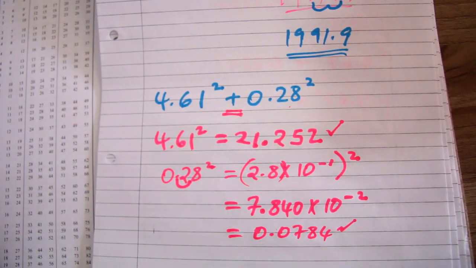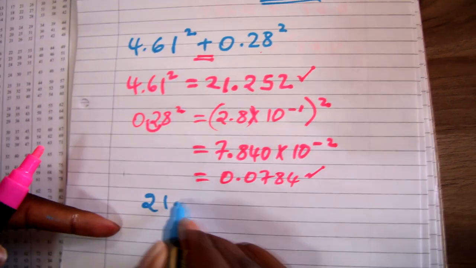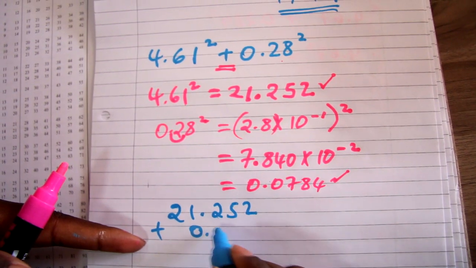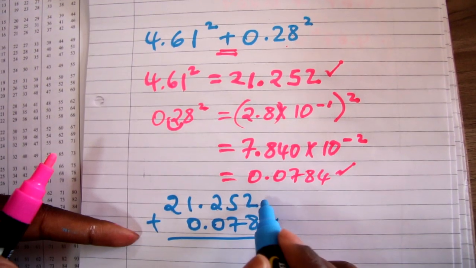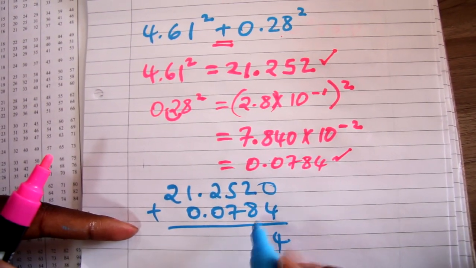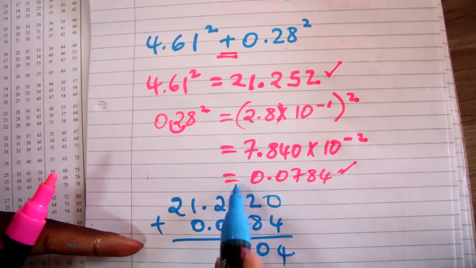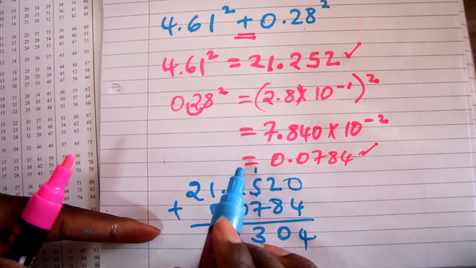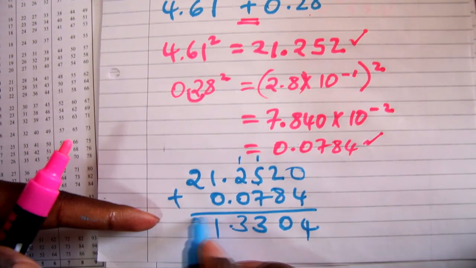Now since we have the square of 4.61 and the square of 0.28, we can now add them as the question required. So now we will have 21.252 plus 0.0784. So we add a 0 here. So 0 plus 4 is 4, 2 plus 8 is 10, 0 carry 1. 1 plus 5 is 6, 6 plus 7 is 13, then 1 plus 2 is 3, then 1 plus 0 is 1, then we have 2.